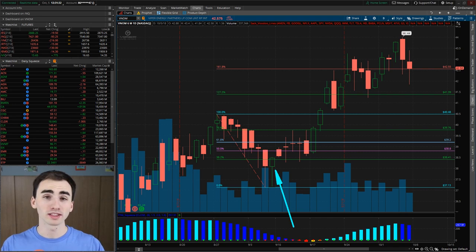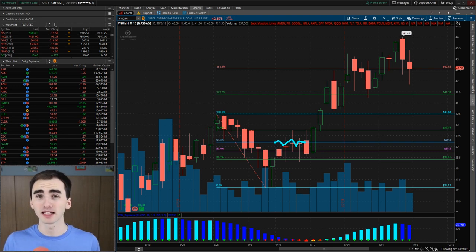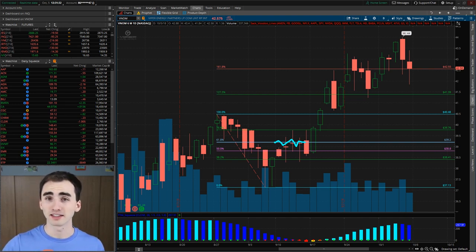Once the stock came up to this 1618 level, it bounced around here for quite a while, which can be a strong indicator that the stock is consolidating at resistance. The idea is once it breaks through that resistance, it's going to start going and potentially hit all-time highs.